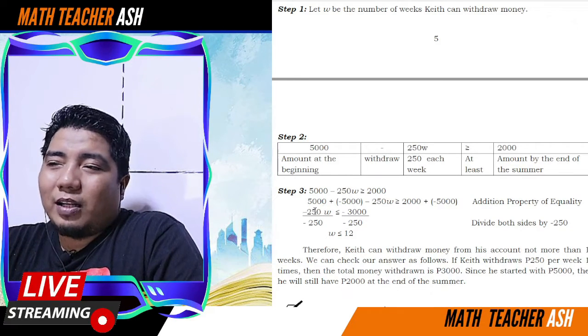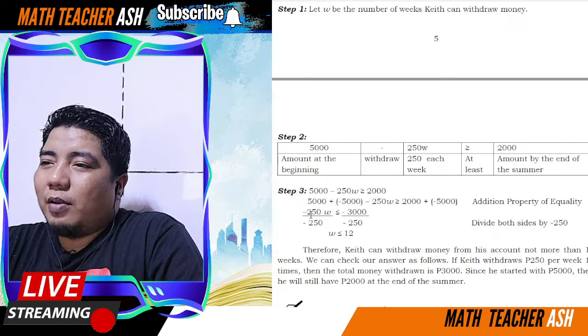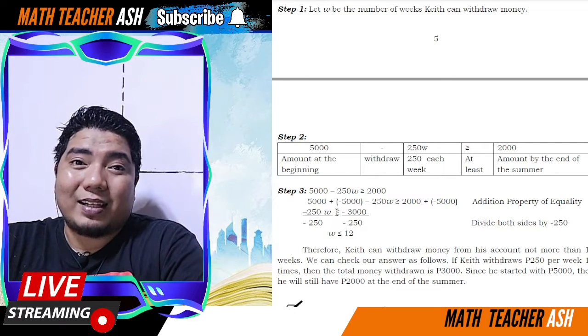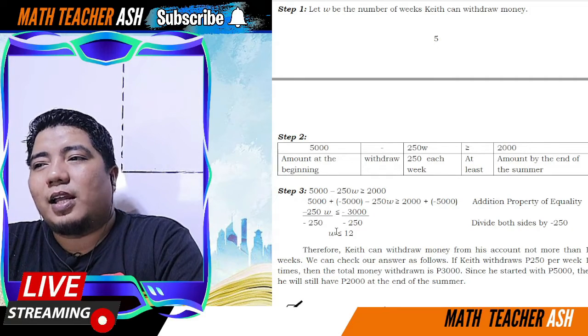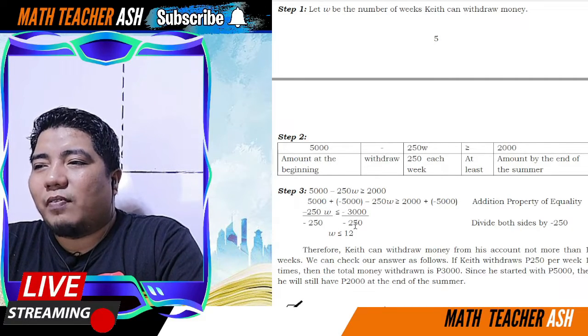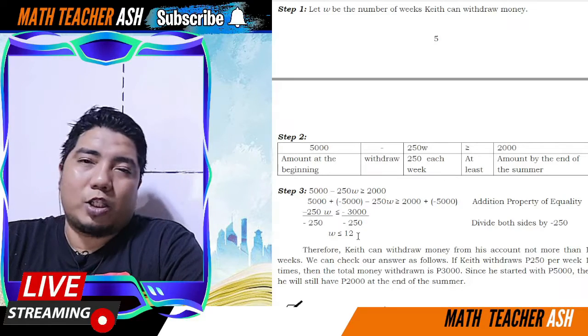Dahil negative 250 ito, we divide both sides of the equation by negative 250. So, divide tayo ng negative 250, makakancel na ito. And the negative 3,000 divided by negative 250, the answer is 12.